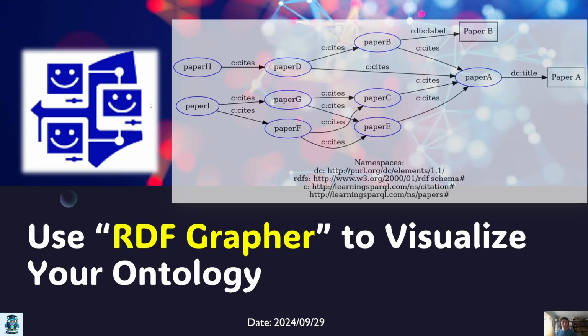So the left is the logo for this RDF-Grapher, and the right is the rendered result. It can show you the element relations, with the ellipse and the edge being one turtle triple, and it also lists the namespaces which you have built in your RDF file.